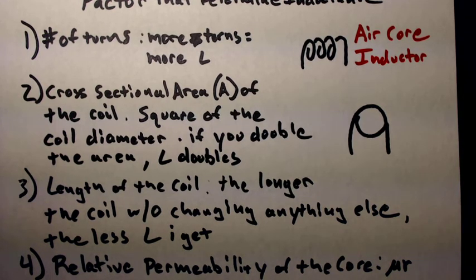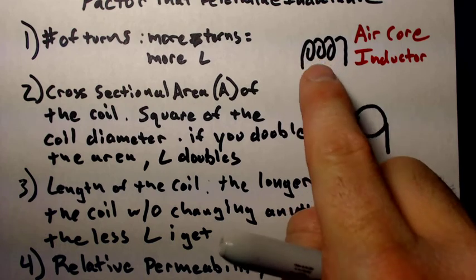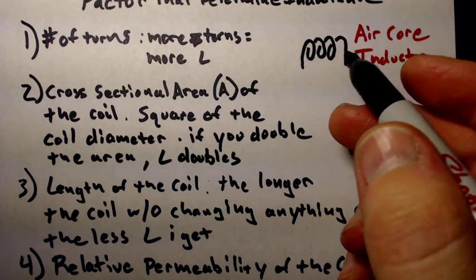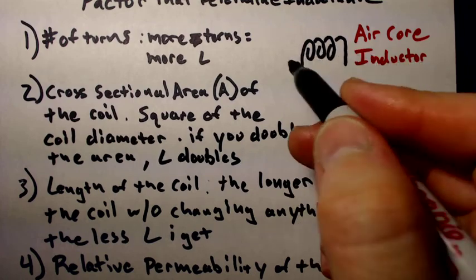Air only has so much capacity for a magnetic field. But I can put other things in the center of this coil that are much better at holding a magnetic field. Especially things like ferrous metals, right? Things that can magnetize easily. A chunk of iron will do it. Okay, so I have different things that I can put on the inside.